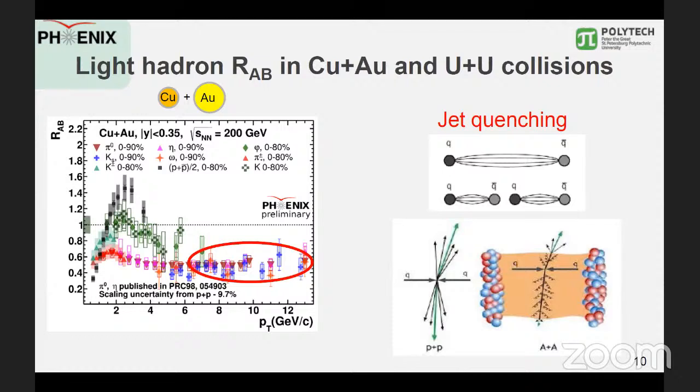So this leads to a decrease of hadrons in the high pT region of heavy ion collisions compared to proton-proton collisions. So in the high pT region, R_AB values are much smaller than unity for all flavors of hadrons.